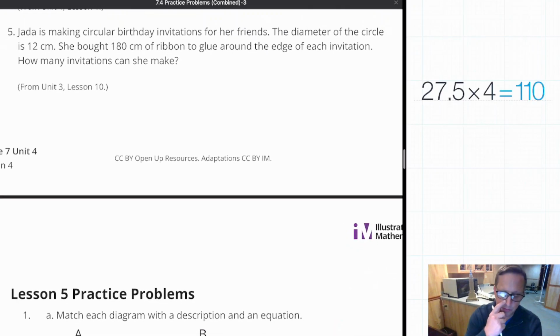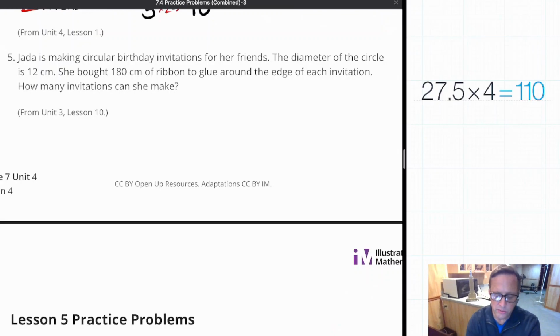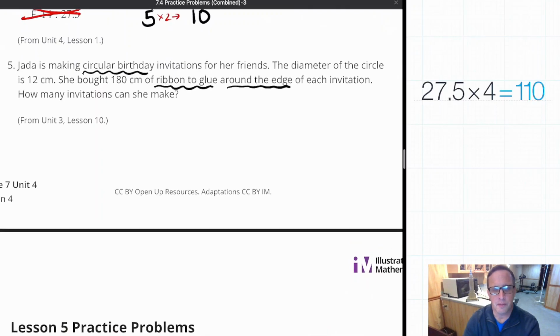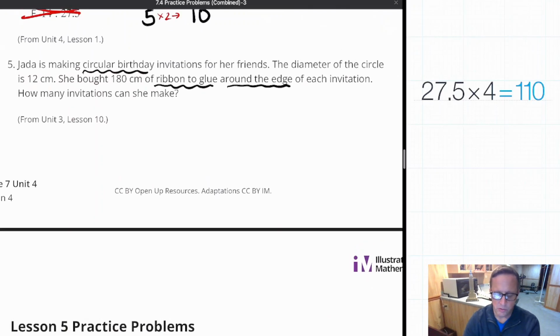But this is one of those questions that's asking us to figure out circumference. Nowhere in this problem does it say circumference. But it does say that she's making circular birthday cards. They're a circle shape, and she's putting ribbon around the edge. It doesn't even mention perimeter, but this is definitely a circumference problem.